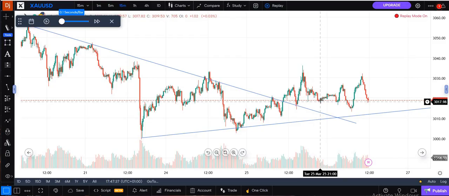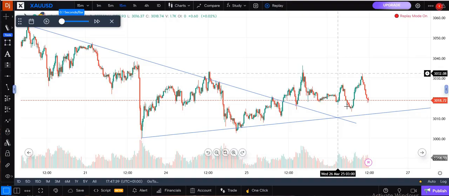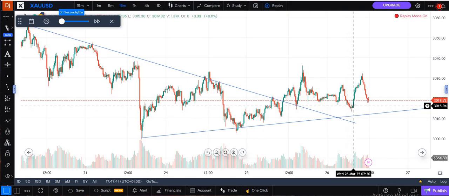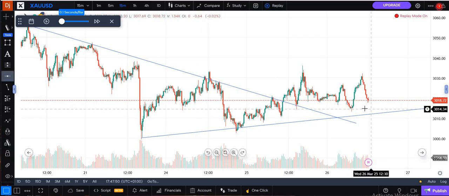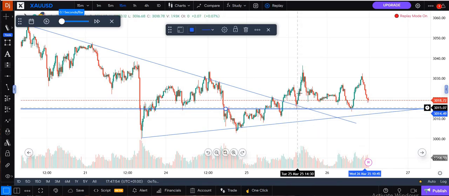It came back down to retest, came back down, retested it again. So at around here, we have an area of value, because whenever the market comes around here, the market tends to always bounce back up.